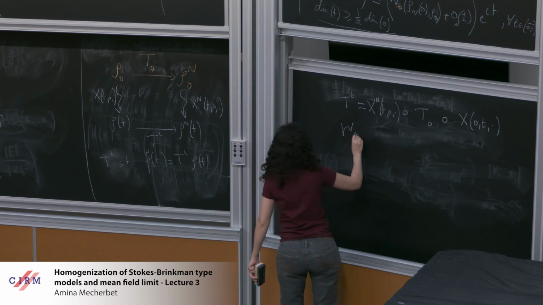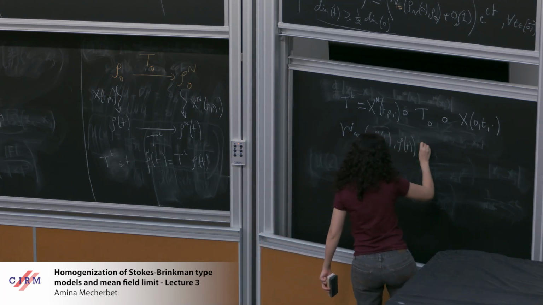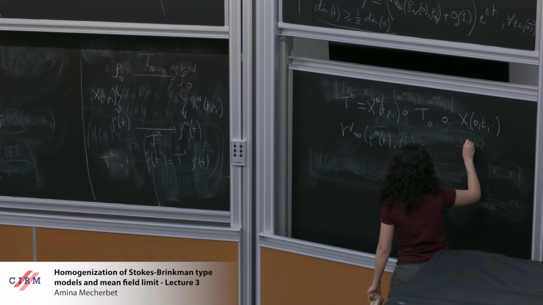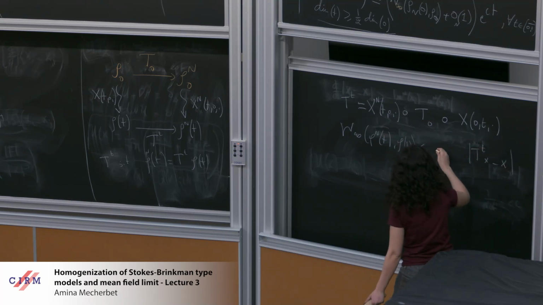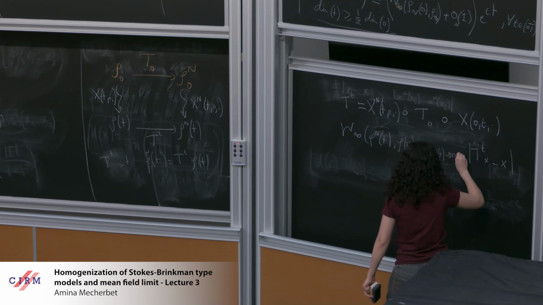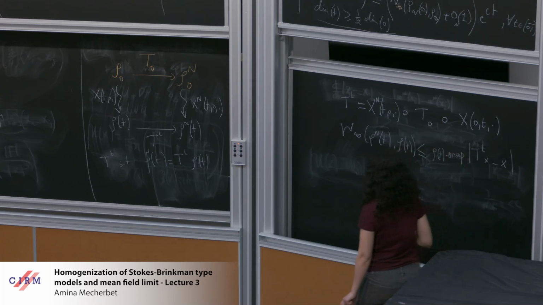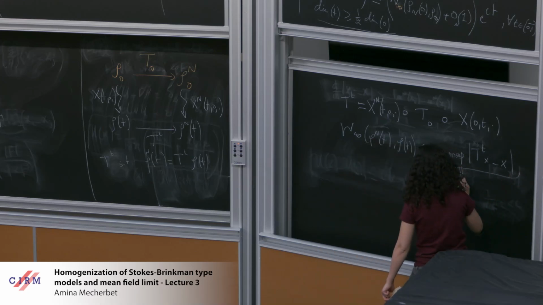And we know that the infinite Wasserstein distance would be less than the cost associated to this, because remember, the Wasserstein distance minimizes all the costs. So if I choose this one, this is what I will call Qt.